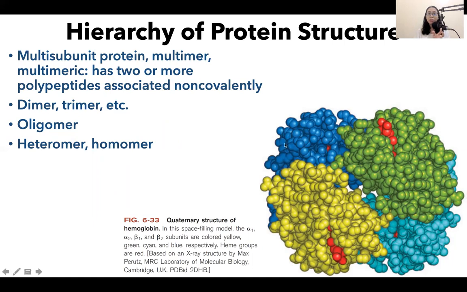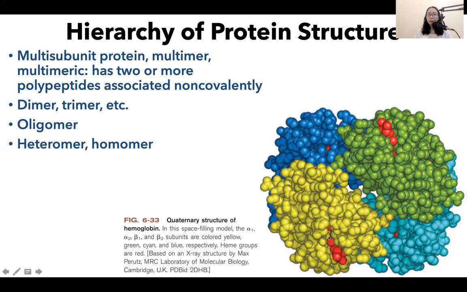Hemoglobin, this very big molecule, is made up of four polypeptide chains. Two of these are the same, and the other two are the same chains, and they form this structure. So you have the alpha chain or the alpha subunits. There are two of these. And you have the beta chain or the beta subunits. There are also two of these.